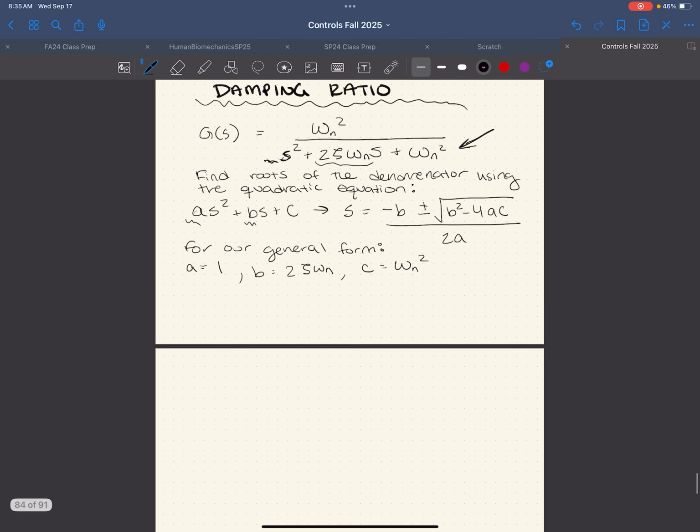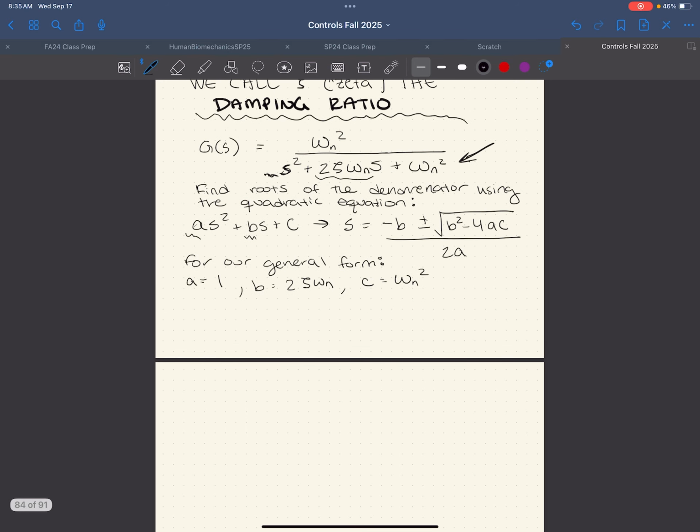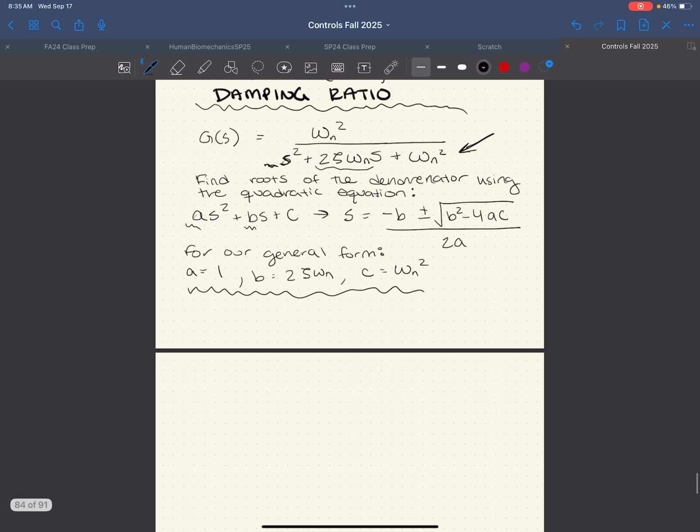All right, I'm going to leave it to you to chug through the mechanics of plugging this into your quadratic equation. Suffice it to say that our poles should have the form of minus zeta omega n plus or minus omega n square root of zeta squared minus 1.